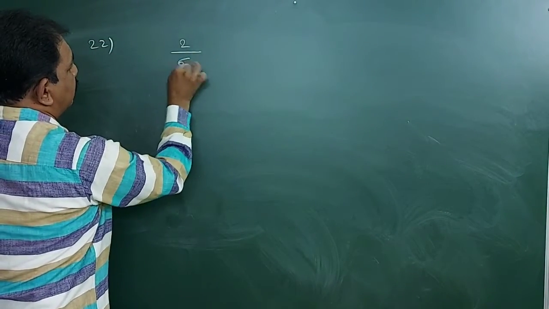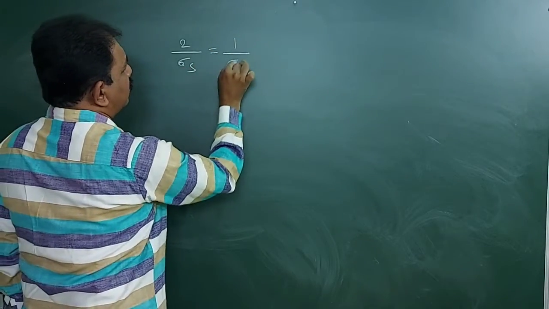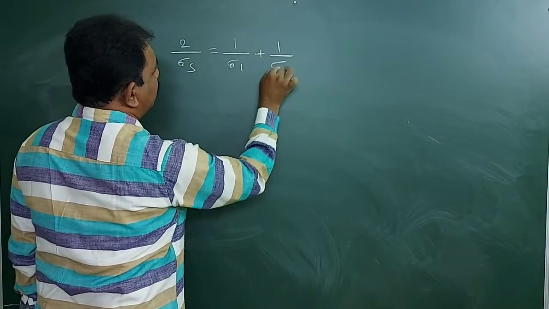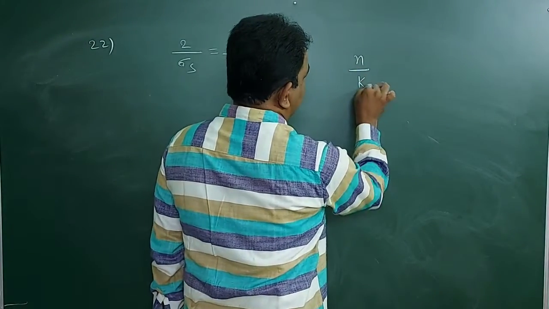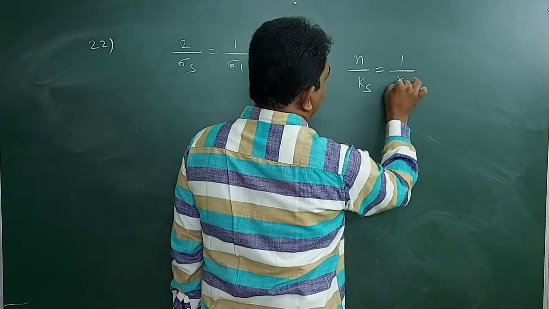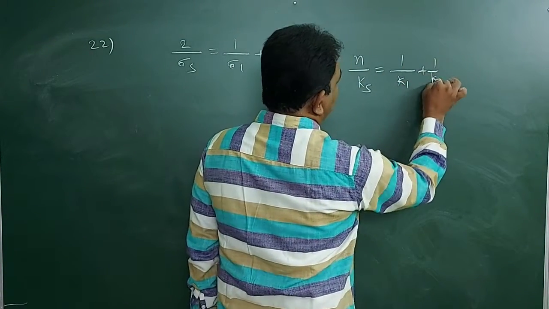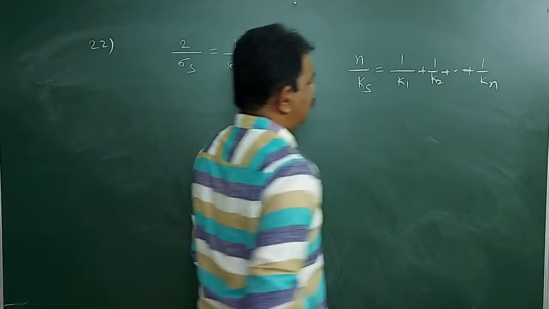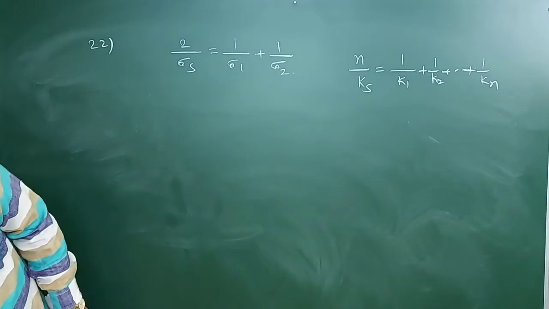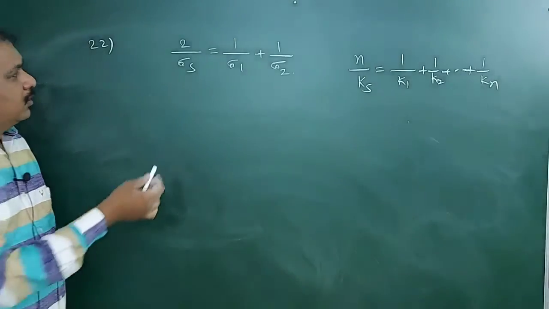2 by sigma s is equal to 1 by sigma 1 plus 1 by sigma 2. N by Ks, N rods are connected: 1 by K1 plus 1 by K2, so on to 1 by Kn. Here there are 2 rods, so the N value will be 2.